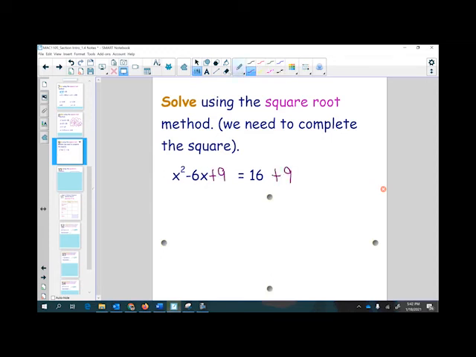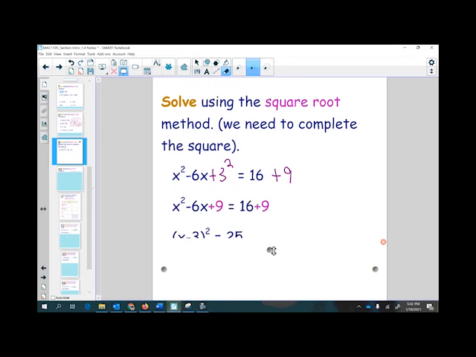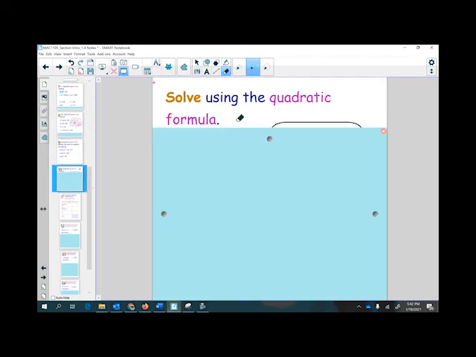Another way of saying adding 9 is I'm adding 3 squared, right? So now I have a perfect square trinomial, which I can rewrite as a binomial squared. And we notice that 16 plus 9 became 25, and I'm back to that same problem again that we solved earlier. Let's look at another example.